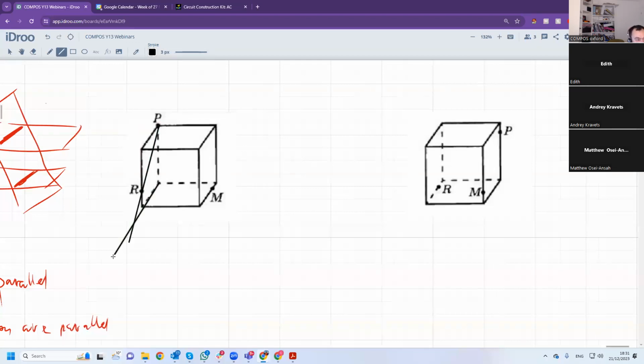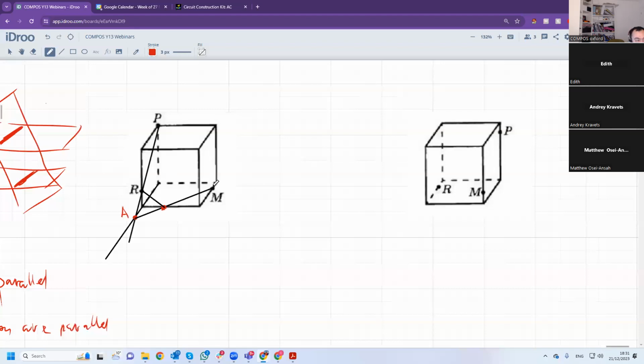Now this point A belongs to both planes, the side plane and the bottom plane. So we can draw the line AM, and line AM crosses this line. It has to, because it's in the same plane. So that's one.